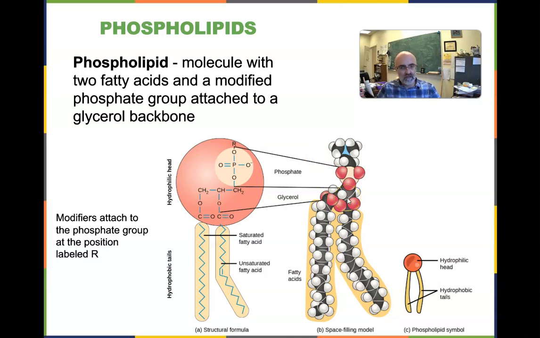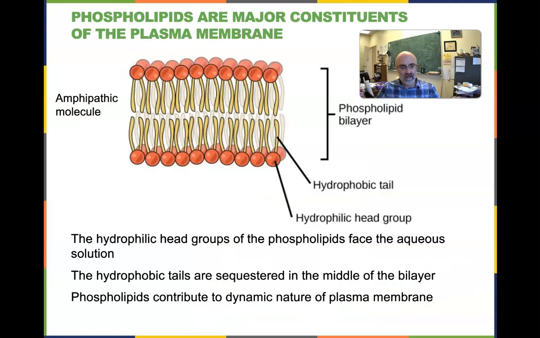If you put a bunch of phospholipids into water, what is supposed to happen? The heads will stick together. The tails will stick together, and because the tails don't like the water, they're going to turn away from the water, and then another layer of phospholipids will form, and basically the tails will point towards each other to keep away from the water.